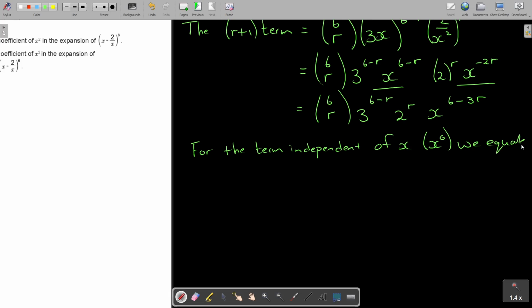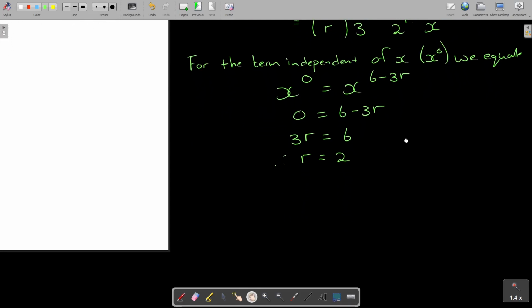So this is going to be x0 equals x to the 6 minus 3r. So 0 equals, equate the indices, 6 minus 3r, so 3r equals 6. I divide by 3, so therefore the value of r will be equal to 2.